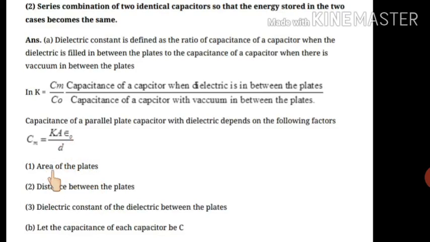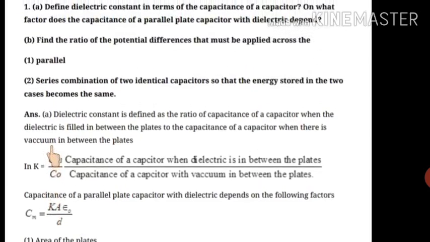It is directly proportional to the area of the plates. It is inversely proportional to the distance between the plates. It is directly proportional to the dielectric constant of the dielectric placed between the plates. And that's it. Okay, so I think this is clear.